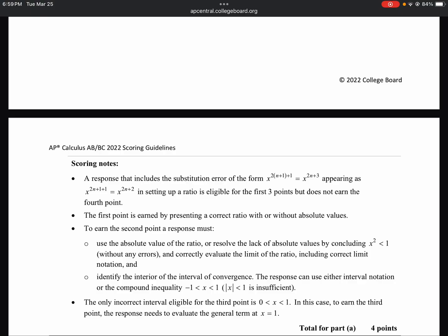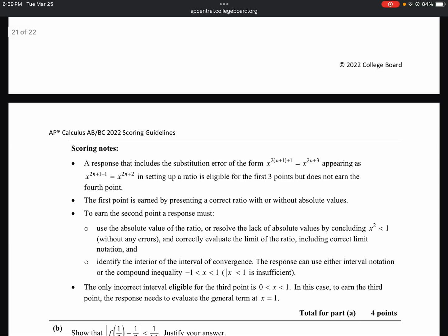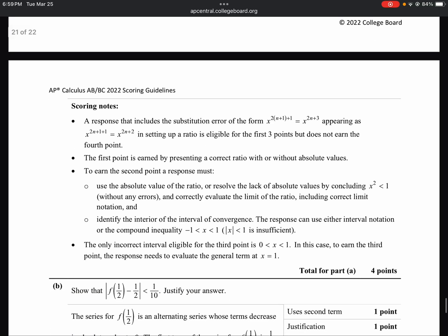The first point is earned by presenting a correct ratio with or without the absolute values. To earn the second point, a response must use the absolute value of the ratio, or resolve the lack of absolute values by including x squared is less than 1 without any errors, and correctly evaluating the limit of the ratio, including the correct limit notation. So use correct limit notation.